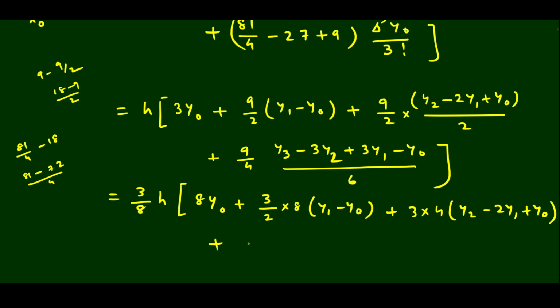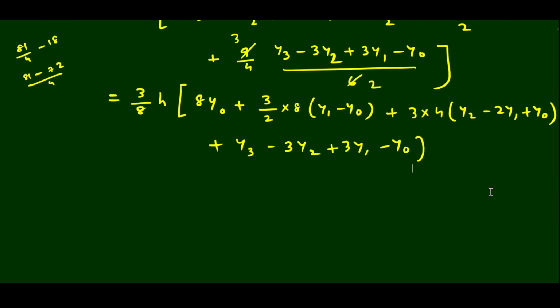And then if we take 9/8 common, then it will be, sorry, 3/8. If we take common 2, it is 3. So exactly 3/8 we can take common now. So we have y3 minus 3y2 plus 3y1 minus y0.